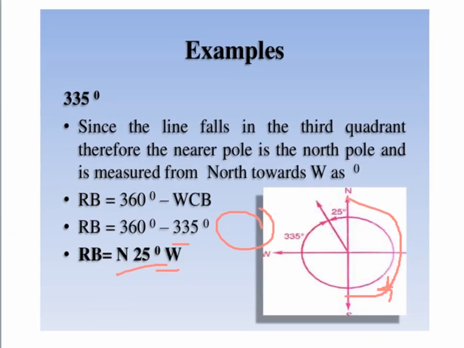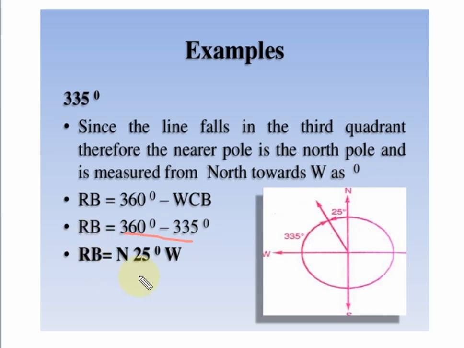Okay. Then another is 335 degrees. Which quadrant does it come in? It comes in the fourth quadrant. Since the line is nearer to the north, the reduced bearing is 360 minus 335.